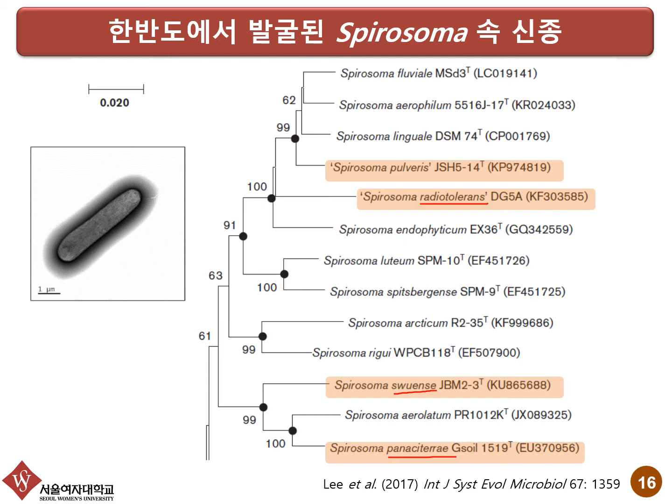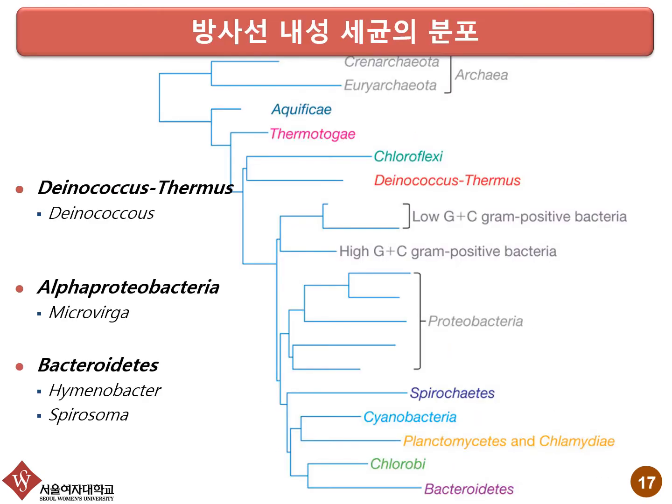Several different bacteria from different genera can show similar radiation resistance, like the Deinococcus model.